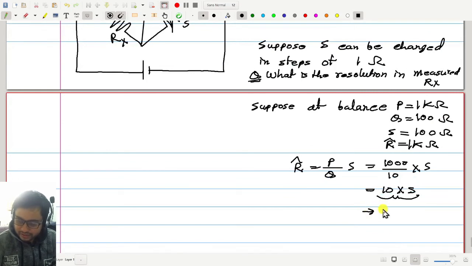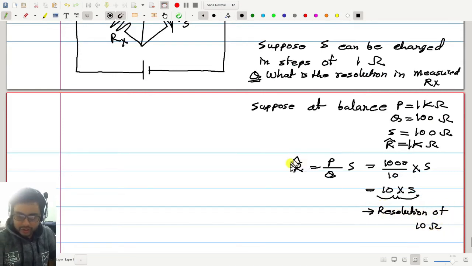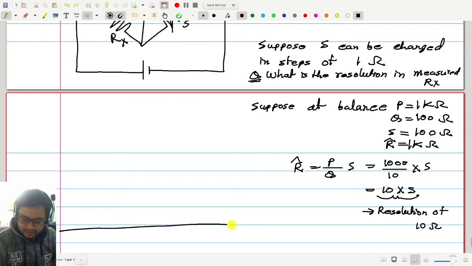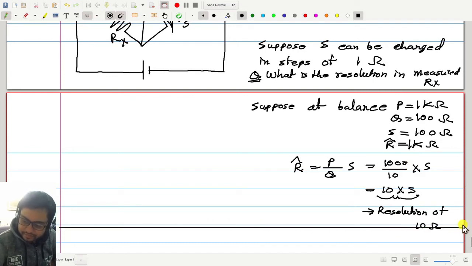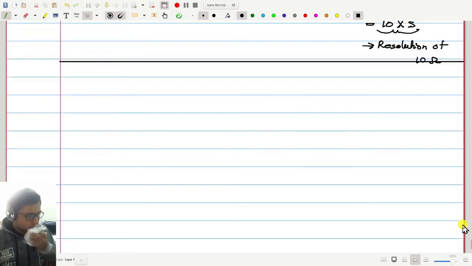So this has a resolution of 10 ohm. My measurement is not more precise than 10 ohm in this case. So that is another factor. Next, let me come to the meter sensitivity issue.